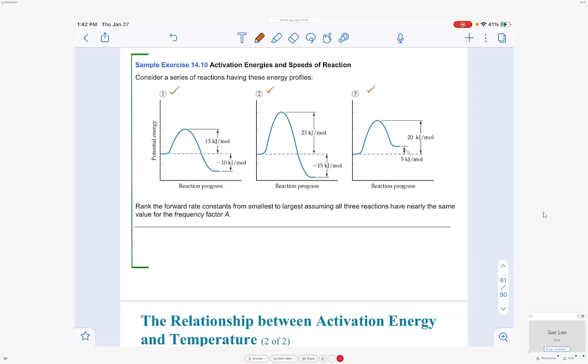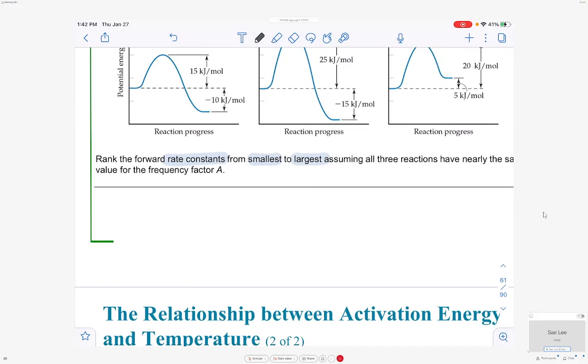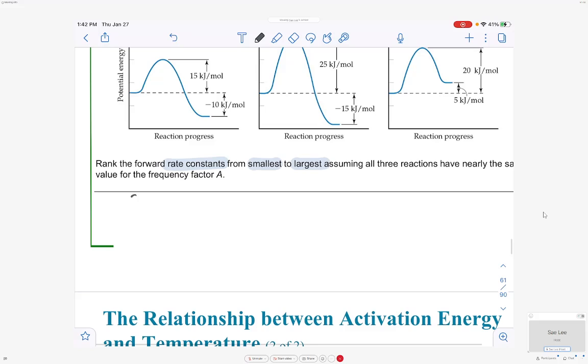You need to rank the rate constant from smallest to largest, assuming these reactions have nearly the same value of frequency factor, the appropriate collision factor A. So the question is asking us to rank from smaller k to larger k.